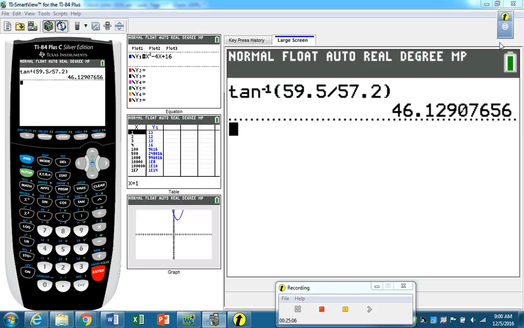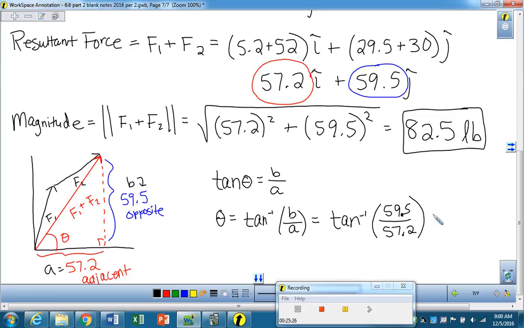All right, this is our direction angle. So let's round this to the nearest whole degree, 46 degrees. We know the answer on the calculator will match our real answer that we want because our angle's in the first quadrant. This is a first quadrant angle.